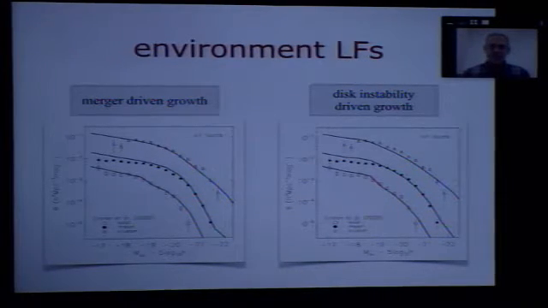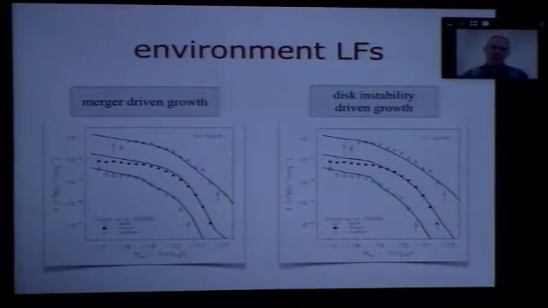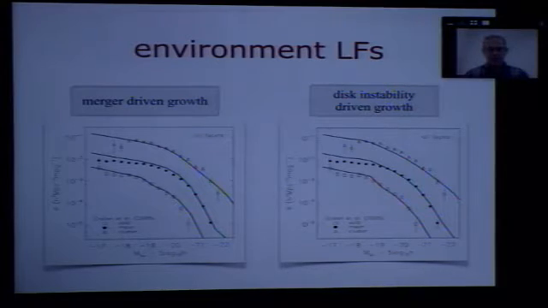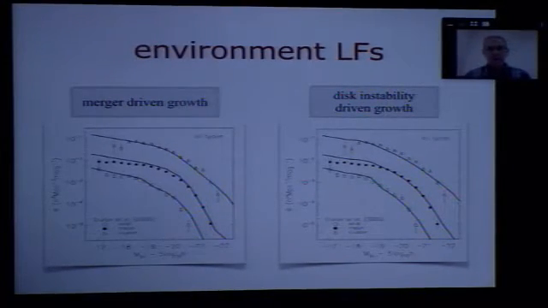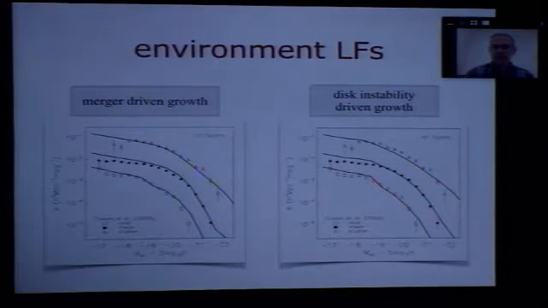Measuring environment with the observations, like most observational studies, requires a lot of corrections and compensation for things. So you have to understand your selection and your selection function. You have to try and correct for missing galaxies, fiber collisions, for example, the survey depth and the integration time, the apparent magnitude limit, as you were saying. But these are all things we can get a handle on, I think.